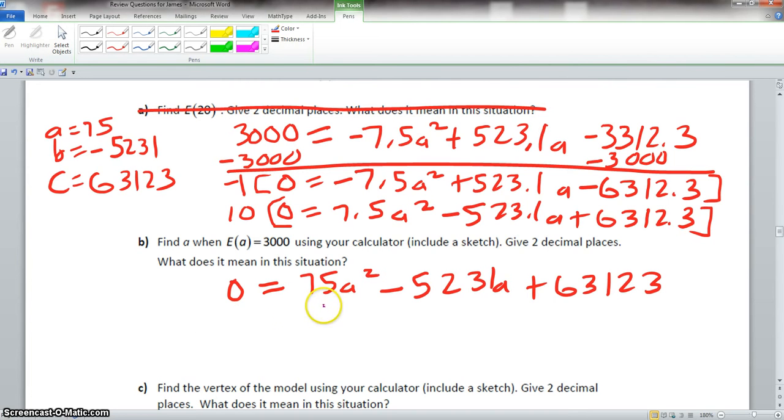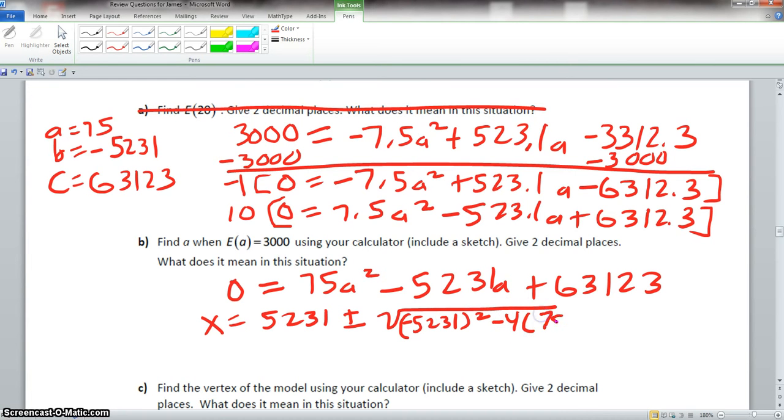So in the quadratic formula, we know it'll be the opposite of b, which would give us 5,231 plus or minus the square root of a negative 5,231 squared minus 4 times a is 75, and we know c is 63,123.